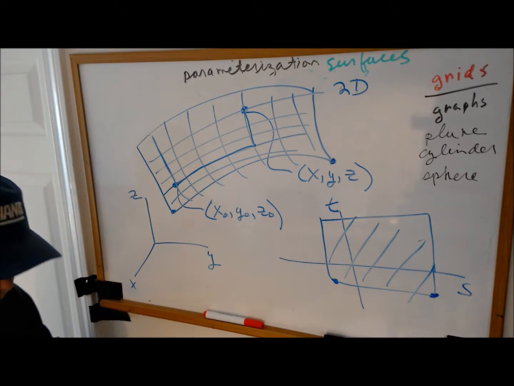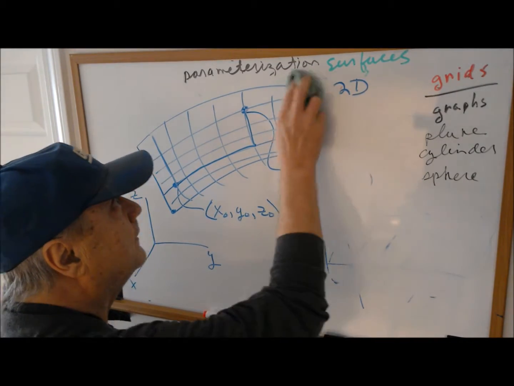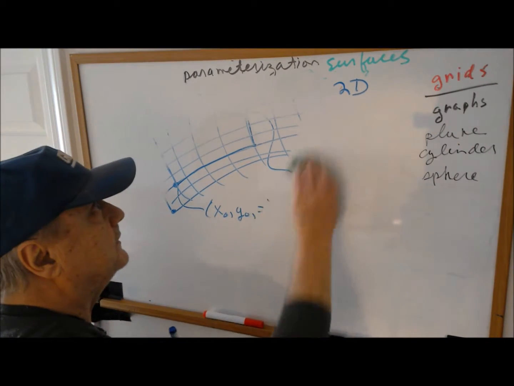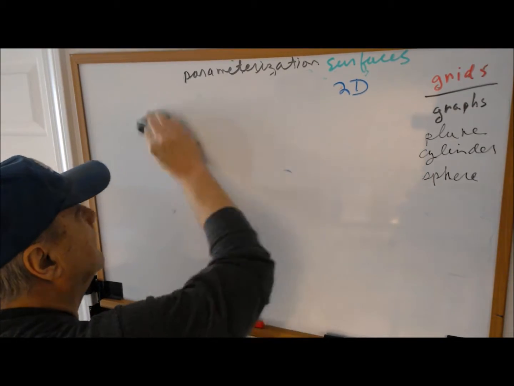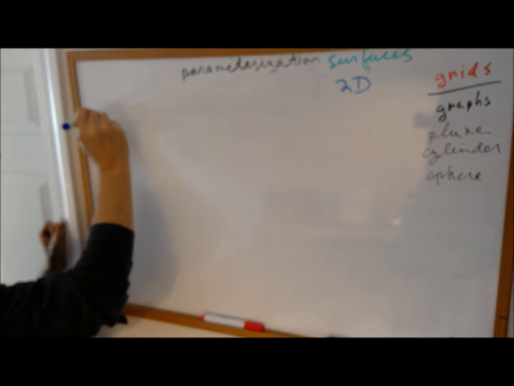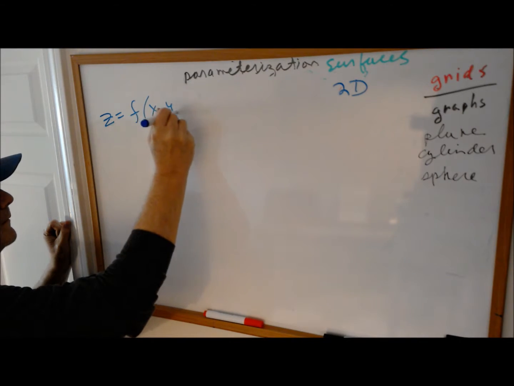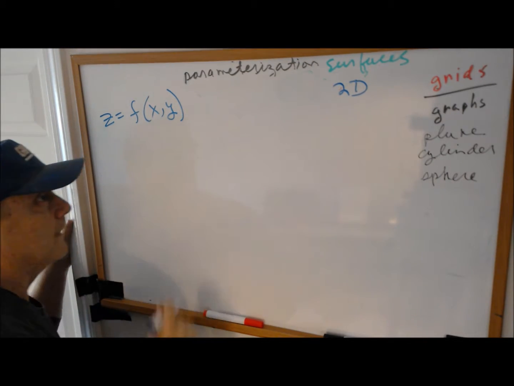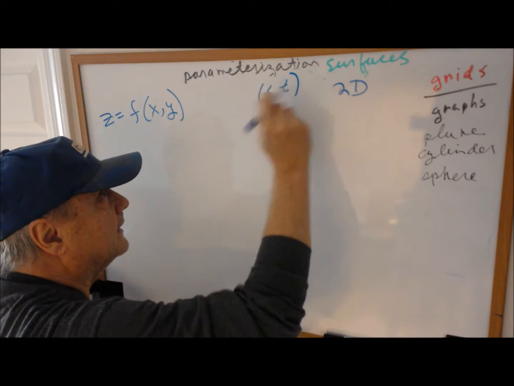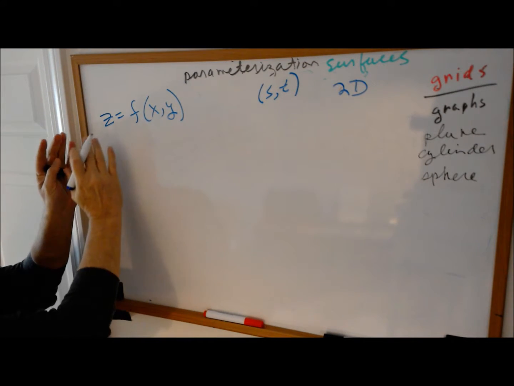All right, let's take some examples. We'll start with graphs first. And graphs are very easy to do. By a graph, I simply mean we could write the surface as a function of x and y. Okay, so we want to create parameters, say s and t, and the appropriate equations that do that mapping.